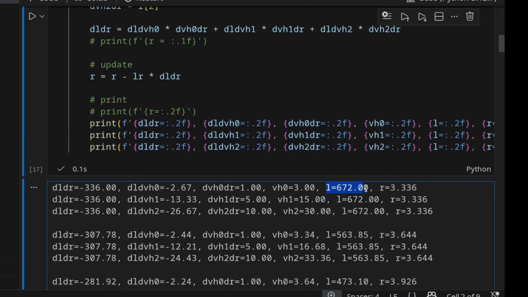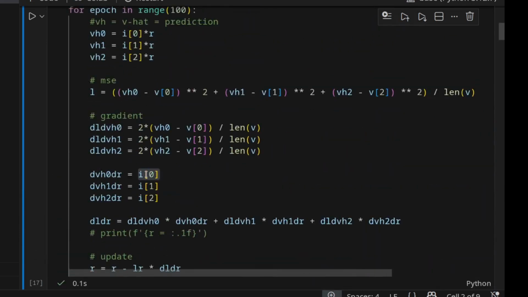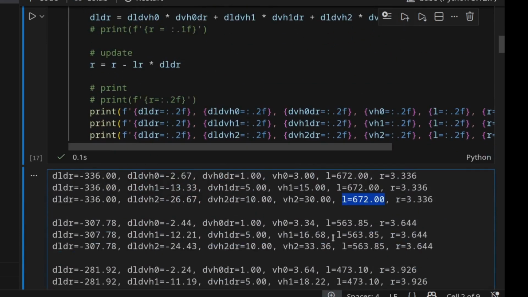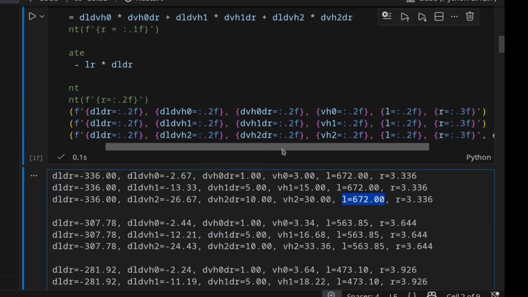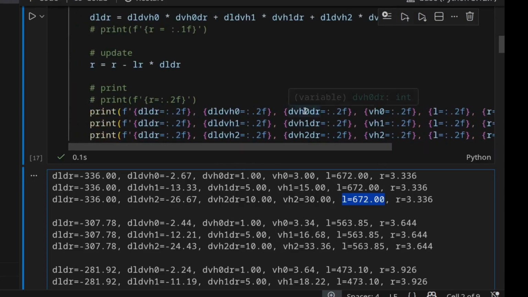As you can see, the loss doesn't change within that first loop, because the loss is one thing. This is showing dvh0/dr, dvh1/dr, dvh2/dr.